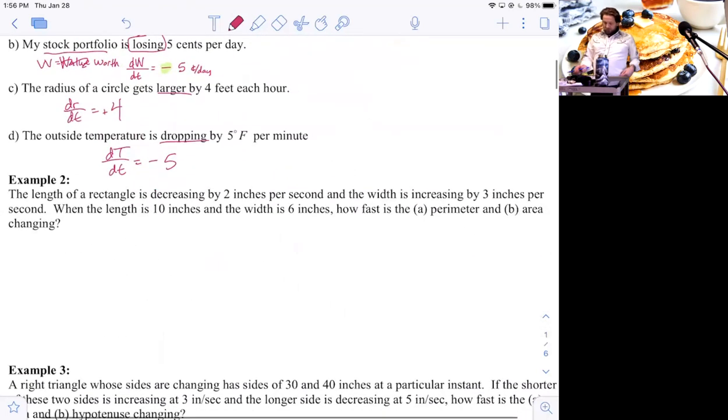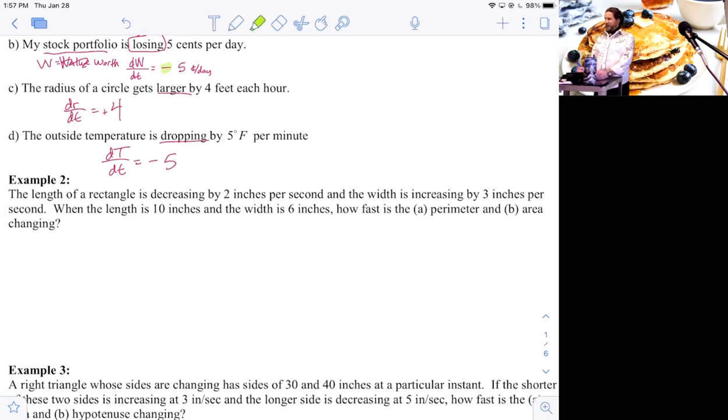Okay, so here's a nice little example, real basic example. The length of a rectangle is decreasing by 2 inches per second, and the width is increasing by 3 inches per second. All right, can you visualize that? We have a rectangle and it's changing. Now this is calculus, so that's instantaneous rate of change. So you're always going to be referenced a moment in time.